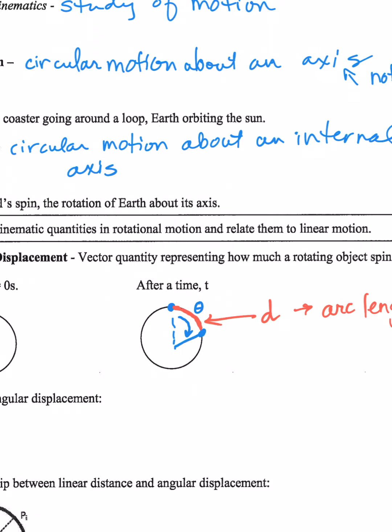So the units of angular displacement are either degrees or what we call radians. All right? And remember, 360 degrees is equal to 2 pi radians, right? Remember that from math class.